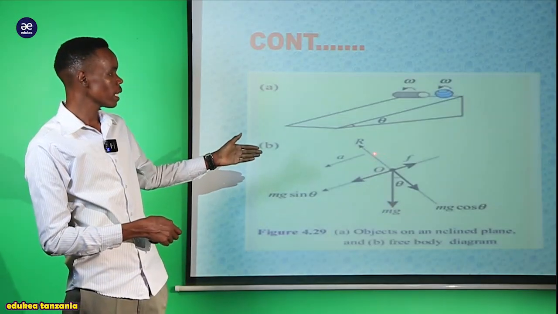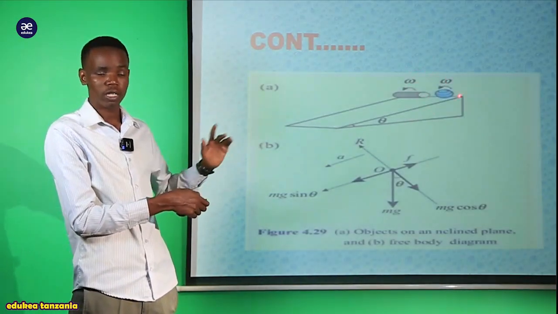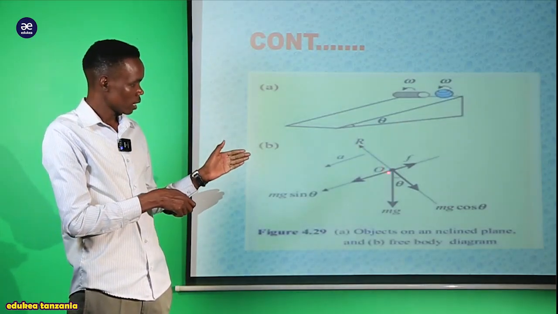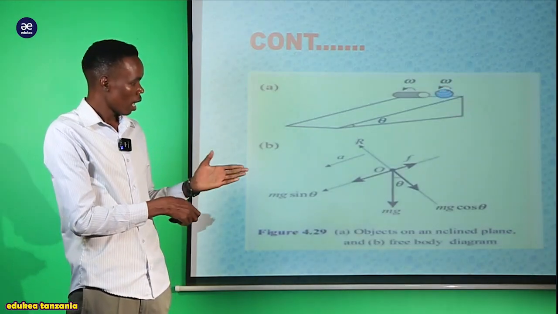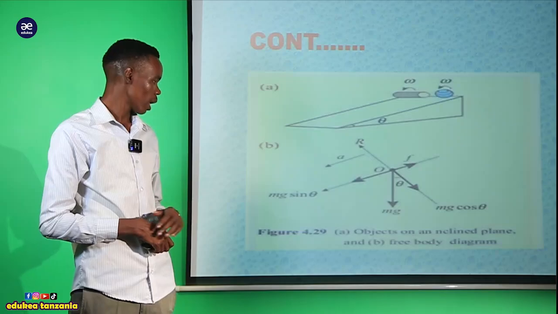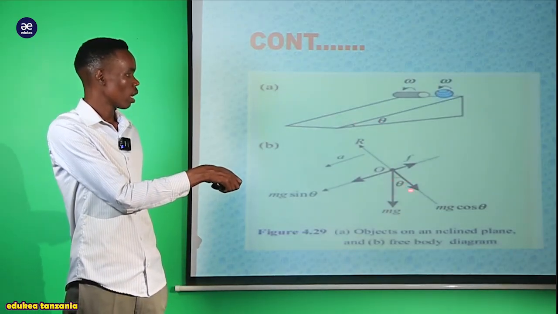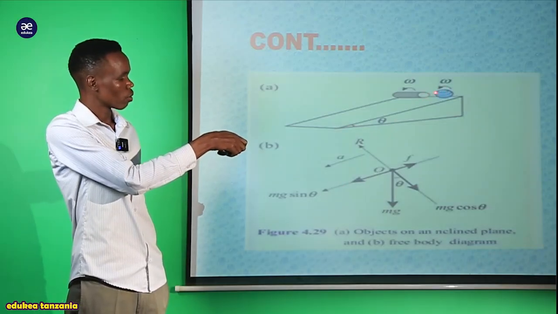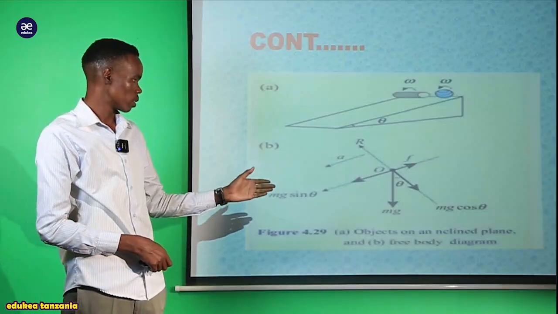The upward force must be equal to the normal reaction. The downward force that acts on this rigid body is equal to mg. And finally we have this angle theta, which must be equal to the angle of the inclined plane.